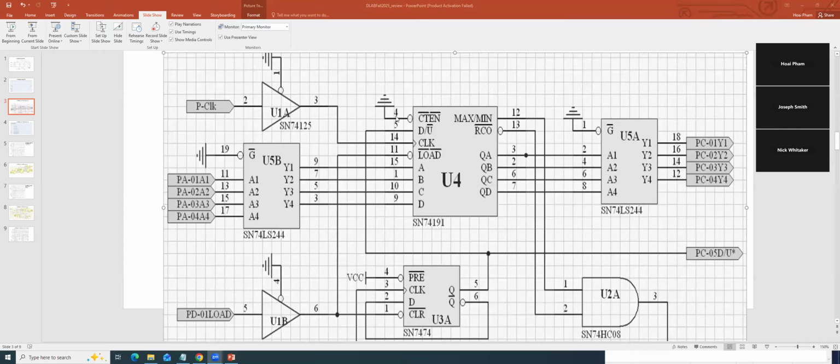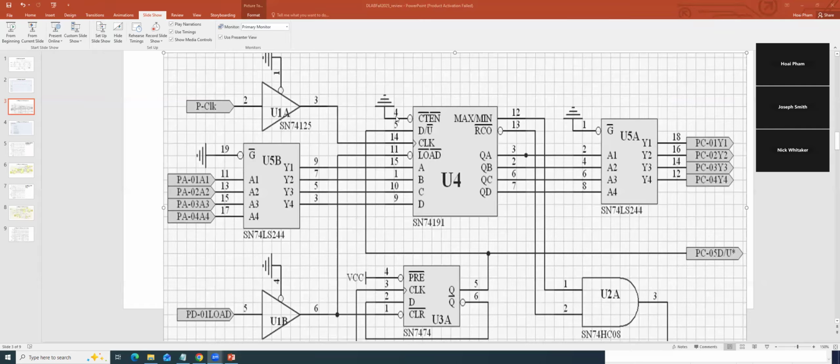Wait a minute. Pin 12, normally pin 12. Say that again, Mr. Pham. Pin 12 is what? And pin 13 is what? Both are output. Okay, go ahead. Now, pin 12, normally 0.